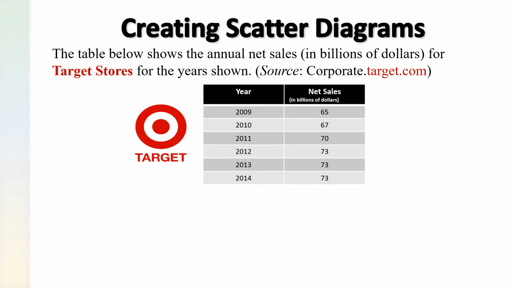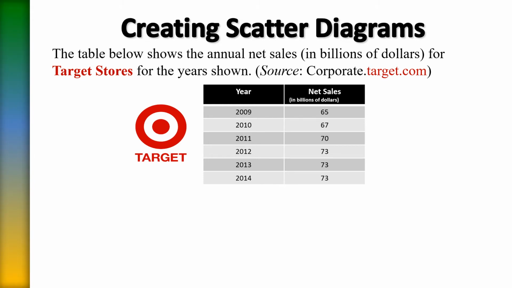Now, I always like to relate any skill that we're working on to a real-world problem. So here we're given the net annual sales for Target in billions of dollars from 2009 till 2014, and it's given to us in a table of values.